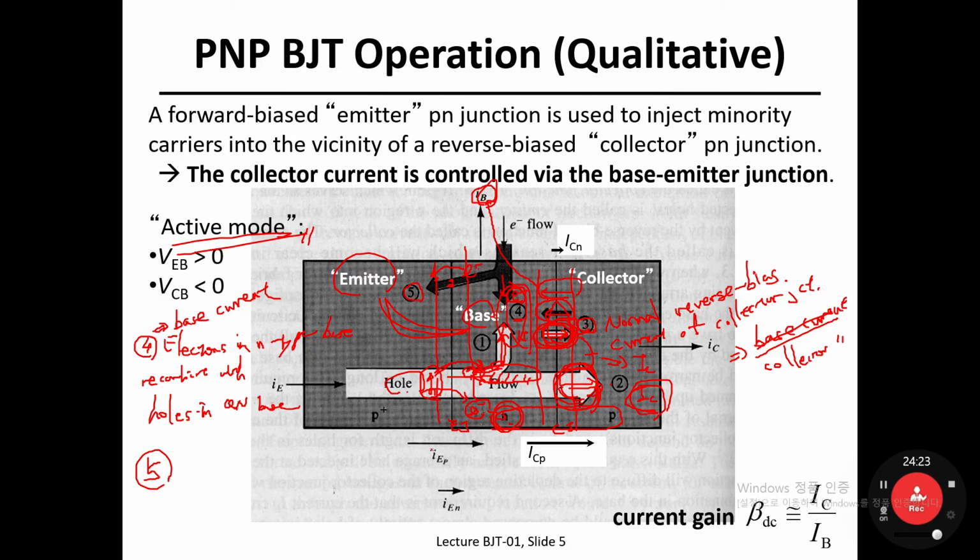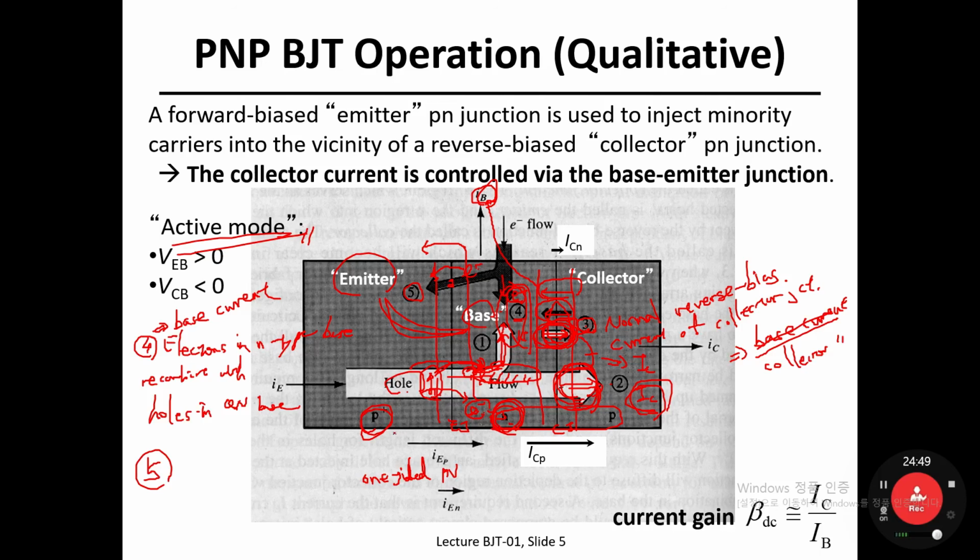Why is that? Yeah, one-sided PN junction. Can you see that? P plus N. So many holes can be injected into the base, but a smaller amount of electrons can be injected into the emitter. So the main current flows from emitter to base, instead of the main current component flowing from base to emitter.